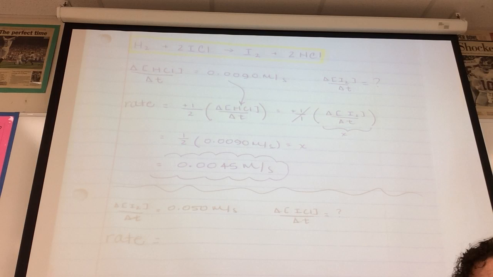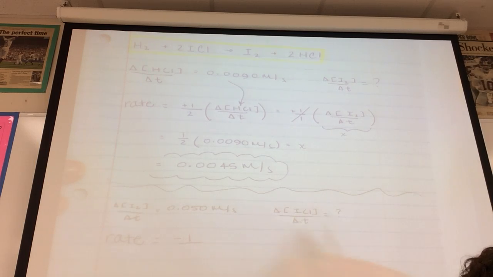So what would be our rate equation here? Who's got it? Chris, what do you got? Go ahead, Katana. So it would be -1. If you said -1, were you talking about the reactant or the product?